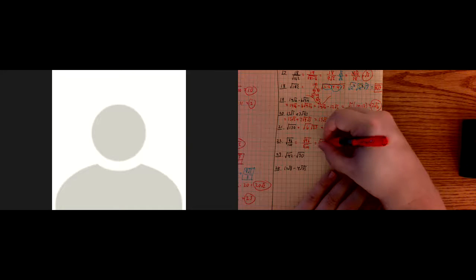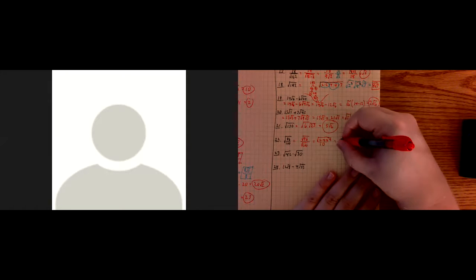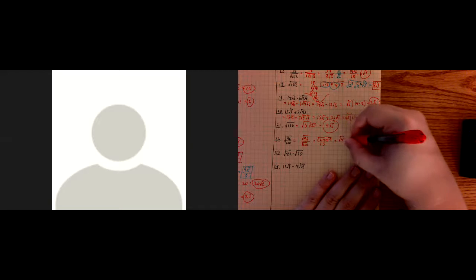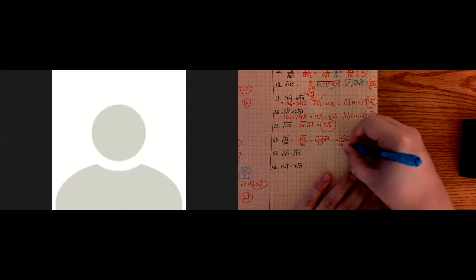This becomes 2, 4, 4, 3, which means I end up with 4 square root of 6 over 10. I can also simplify that. That leaves me 2 square root of 6 over 5, just simplifying a fraction.